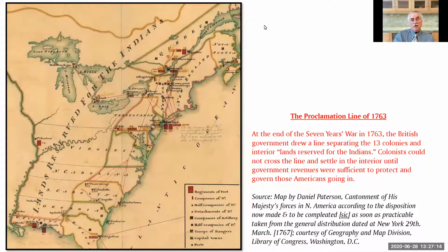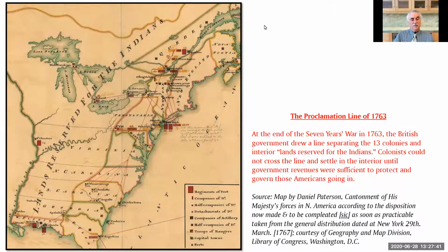Now, that line separated the 13 colonies and the interior lands, as you can see here, lands reserved for the Indians. Colonists were not allowed at this point to cross the line and settle in the interior until the government revenues were sufficient to protect and govern those Americans going into the interior.